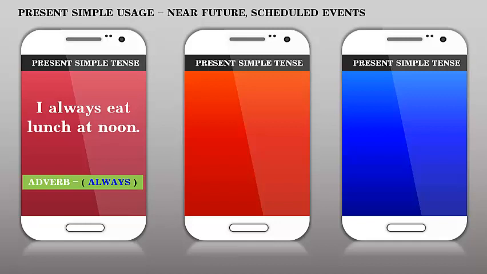Next example says, Sid starts work at 9 a.m. daily. Again, it's something that happens regularly. Now you'll notice I put the blue line under the S in starts.